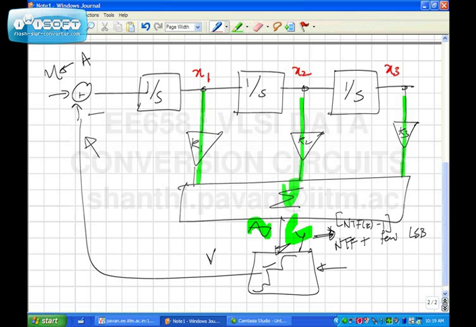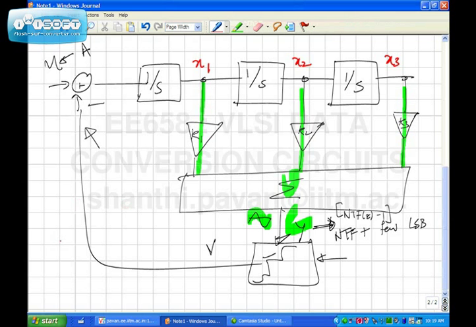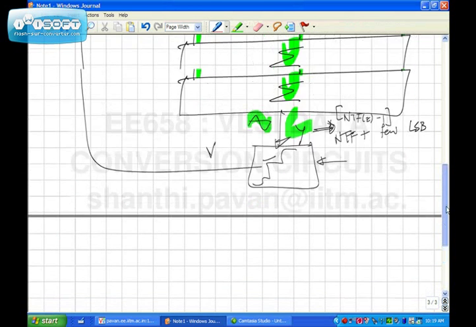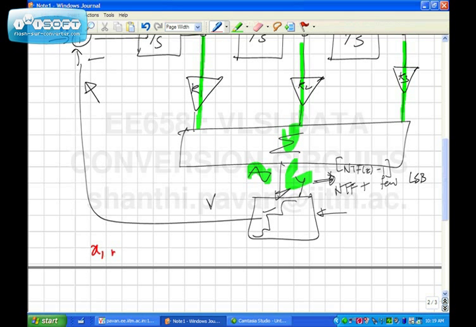Does this make sense? So in other words, let's say x1 max is, for argument's sake, 10 from simulation, x2 max is 5, and let's say x3 max is, let me say, 7. I'm just taking some random numbers. Nothing sacred about these numbers.